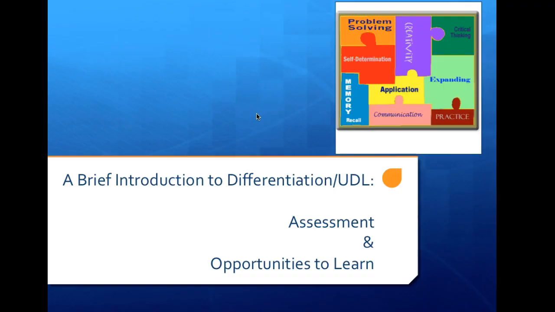Welcome to ED 621B, Module 8, A Brief Introduction to Differentiation, UDL, Assessment and Opportunities to Learn. So in Module 5, you watched some material on culturally responsive pedagogy and cultural capital.